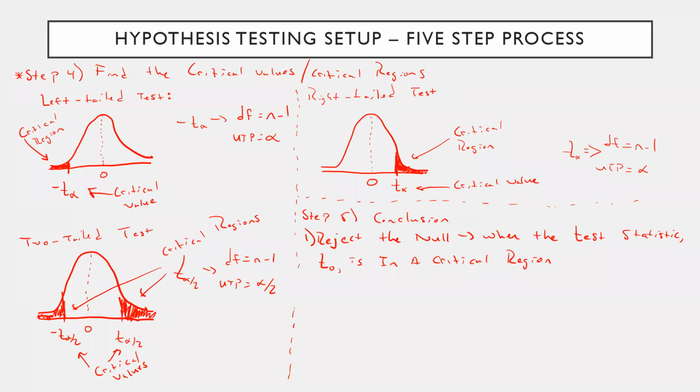So if your test statistic goes past this critical value, t of alpha divided by 2, you reject the null. You can say you're wrong. Or what you could do is fail to reject the null when the test statistic is not in a critical region.